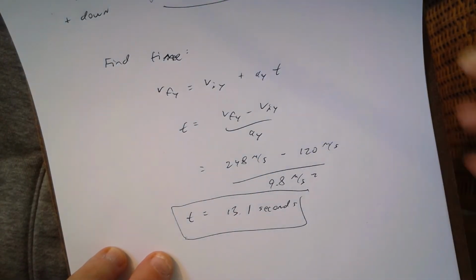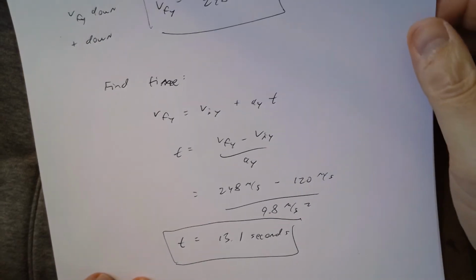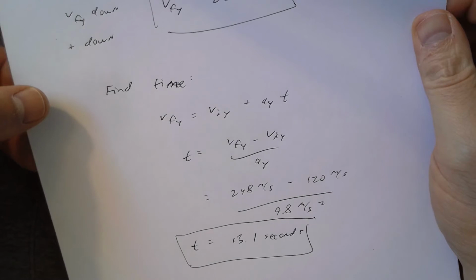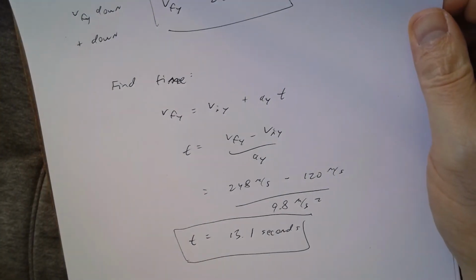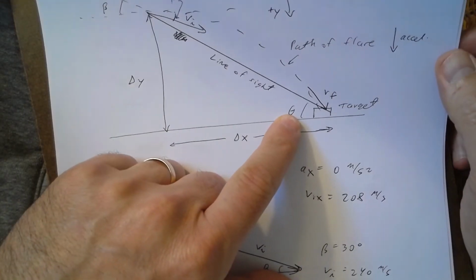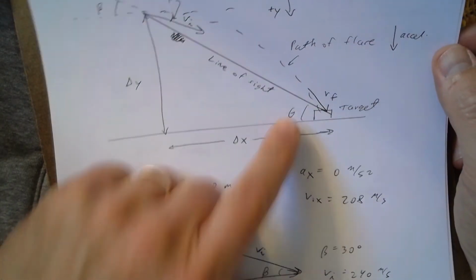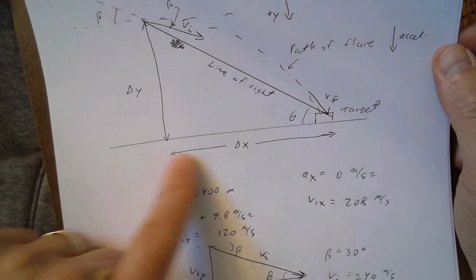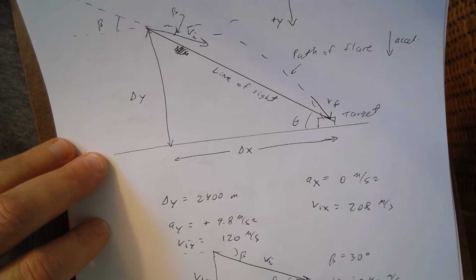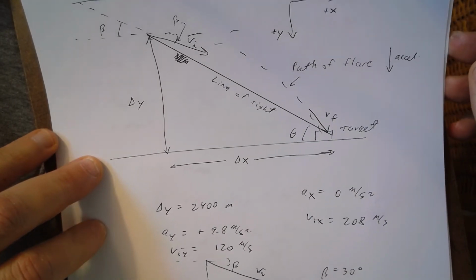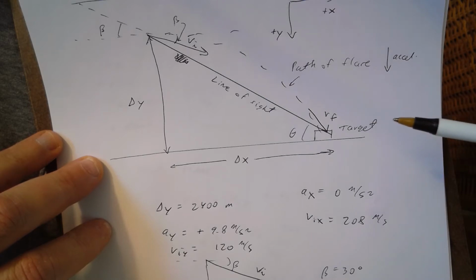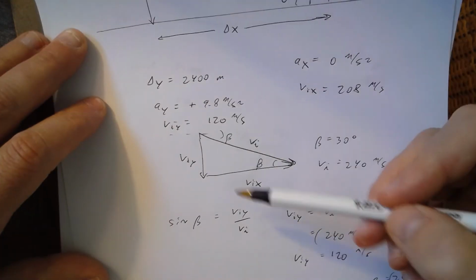Okay, now I'm going to find what the problem asked for. It wanted to know the angle of the line of sight, so it wants to know this angle theta. What I'm going to do is find this delta x next. I already know delta y. And again, the biggest lesson from this whole problem is there are several different triangles in this problem. There's a velocity triangle, a vector diagram that I made to find the components of the initial velocity.